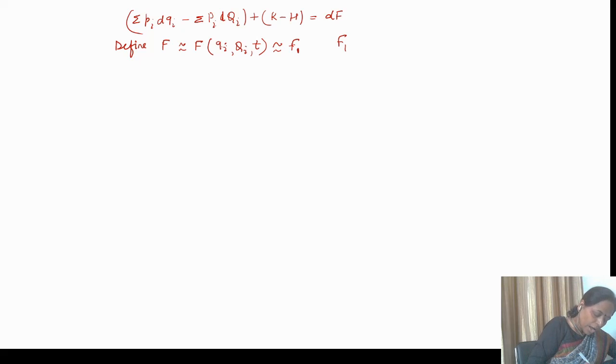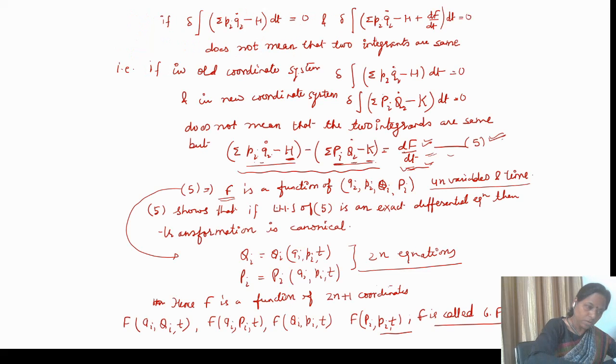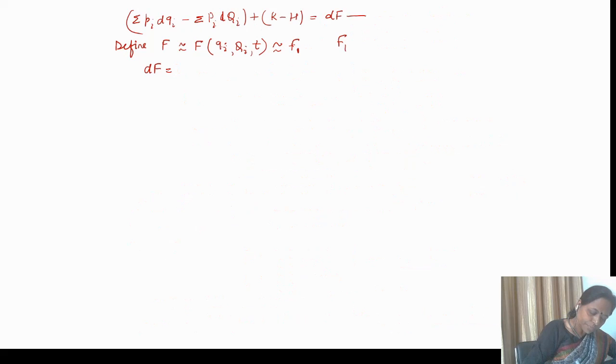Now I define df. Df will be delta f delta qi dqi, plus delta f delta capital Qi dQi, plus delta f delta t dt.